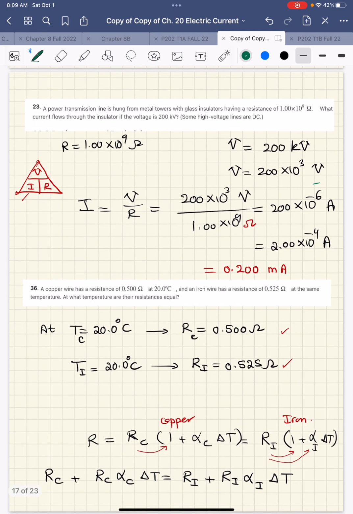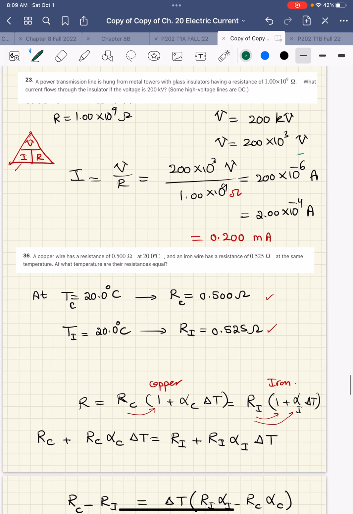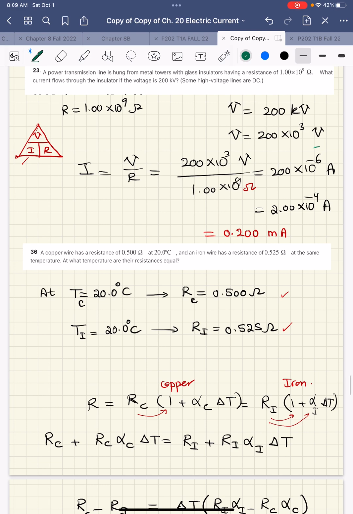A copper wire has a resistance of 0.500 ohms at 20 degrees Celsius, and an iron wire has a resistance of 0.525 ohms at the same temperature. At what temperature are their resistances equal? Here I'm going to write two equations, one for copper and one for iron.